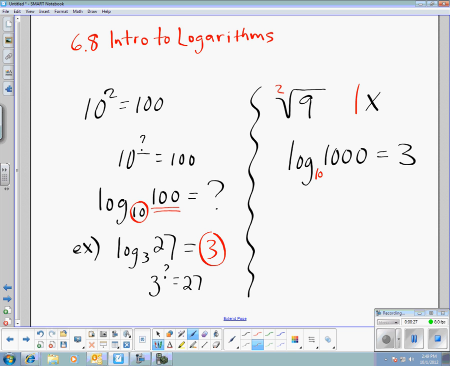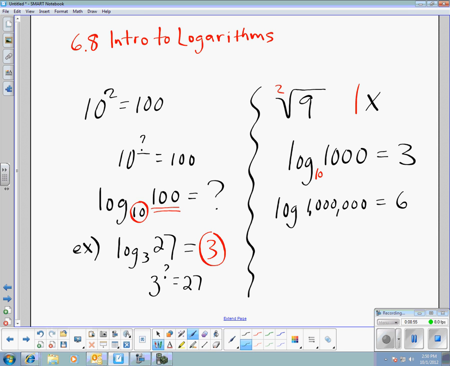The base of a log is 10 unless otherwise noted. Okay, so log of 1,000,000 with no base written in, I assume it's 10, and that means 10 to the what equals 1,000,000, and that answer is 6.